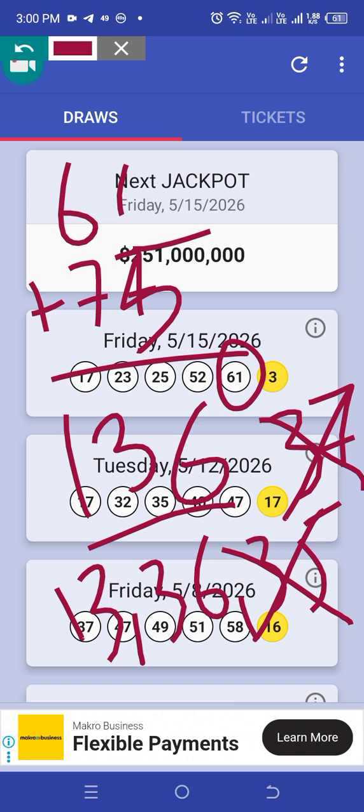13 and 36 are the numbers that we can focus on, 13 or 36. Alright, in case they want to repeat, I think they can repeat 35 as 53.